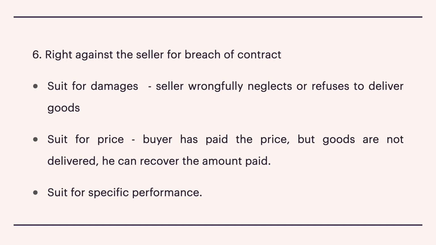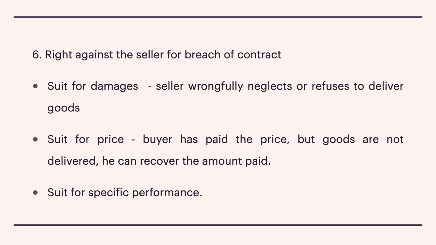So what does the buyer do? He refuses to accept the goods as they are, because they were negligently or wrongfully sent. So therefore, what can the buyer do in this case? He can sue for damages. Okay, because it was not as per the agreement, the buyer can sue for the damages.